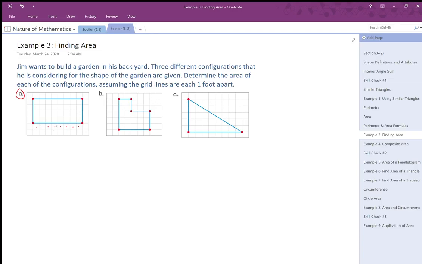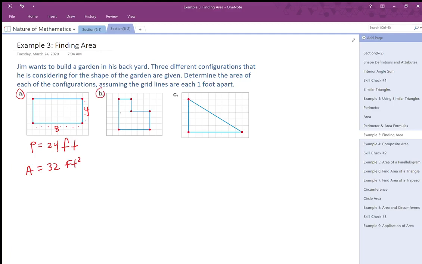So we have 8 units wide, and then 1, 2, 3, 4 units high. So perimeter would be 24 units, which is in feet here. And area would be 32 feet squared.